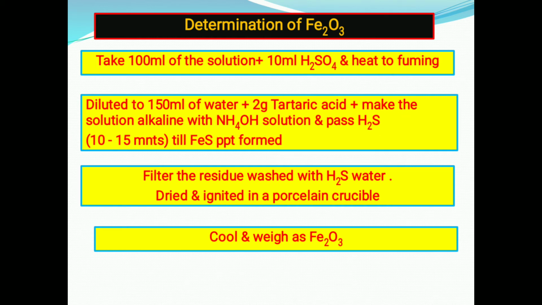Then the iron which is present in the solution will form a precipitate with H2S to produce iron sulfide precipitate. So filter the residue, wash with H2S water, dry and ignite it in a porcelain crucible.